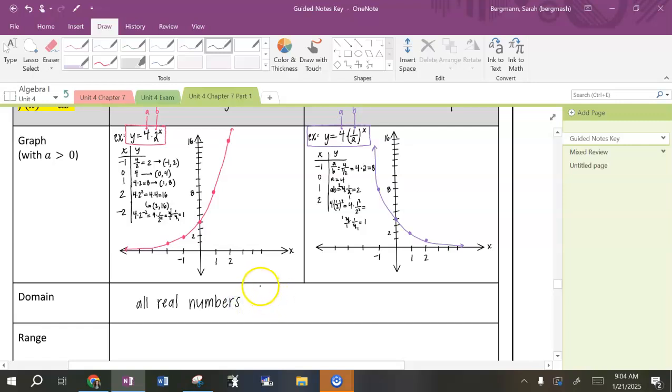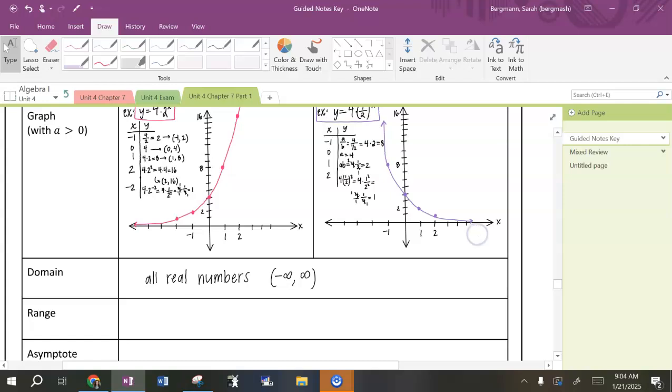Or you could say, if you wanted to put it in interval notation, you could say negative infinity to positive infinity. Or if you wanted to put it as an inequality, you could always put negative infinity is less than x, which is less than infinity. So it's saying x is between any number between negative infinity and positive infinity. Those are 3 different ways to say the same thing for the domain.